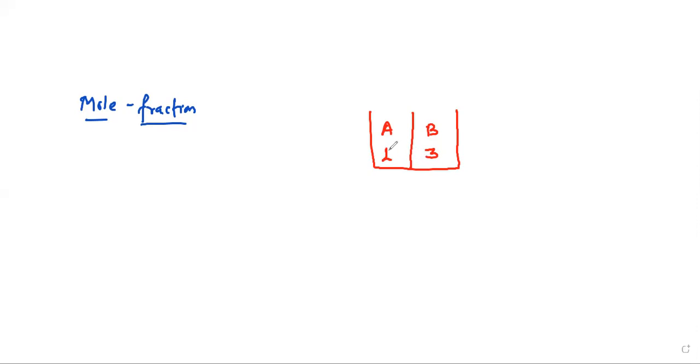To calculate the fraction of A, you do 1 by 1 plus 3, which is 1 upon 4. For B, 3 by 1 plus 3, which is 3 upon 4. The mole fractions of all the constituents will always sum to 1.